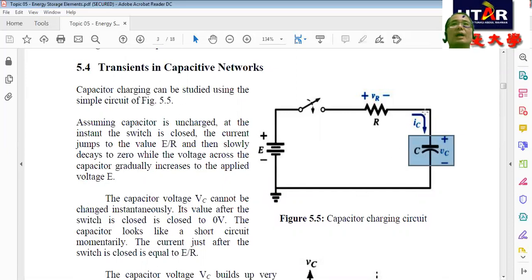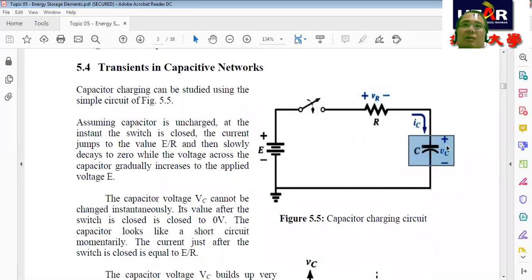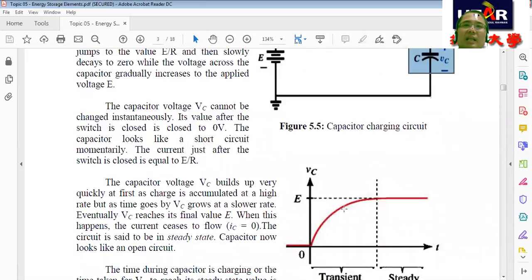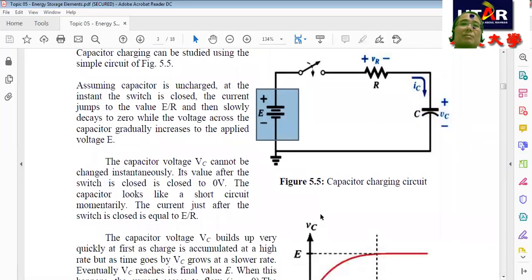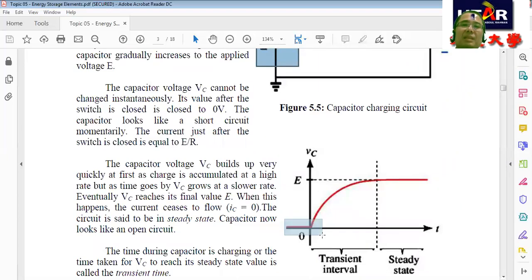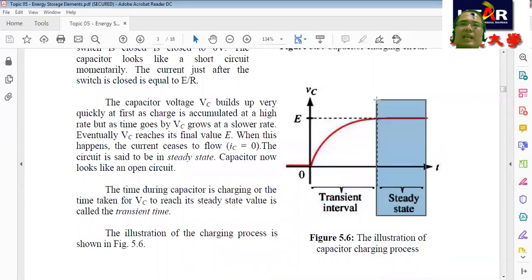Assume the capacitor is empty and connected to a resistor R. When we close the switch, the voltage across the capacitor VC will rise exponentially until after roughly 5 time constants it becomes steady state, stable at E, the same as the source. The capacitor voltage's final steady state is charged to this voltage E. In this curve, initially the capacitor is empty, then when the switch closes, it starts charging until steady state E. This part of the curve is called the transient interval. Then this part of the curve is called steady state.